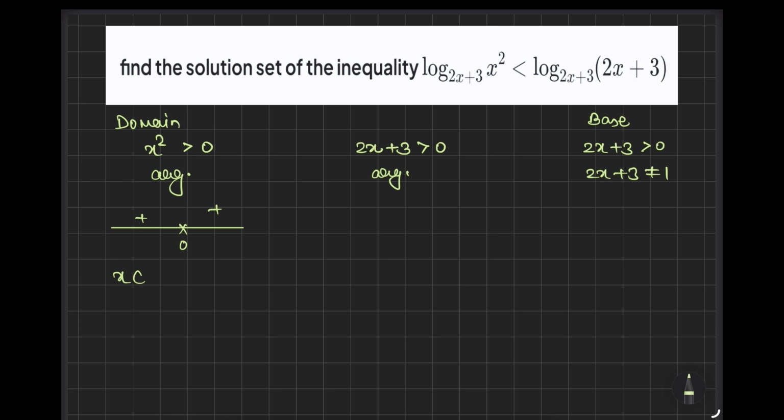So I can say that x belongs to minus infinity to 0 union 0 to infinity. This is your case 1. Okay, now here if you solve, you will get x greater than or equal to minus 3 by 2. So from here x belongs to minus 3 by 2 to infinity.